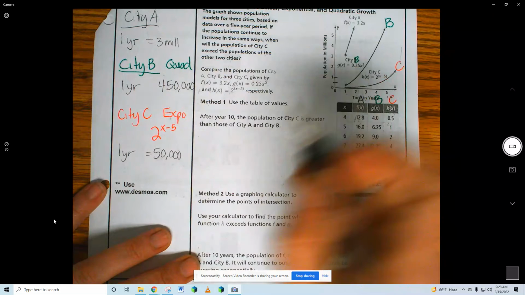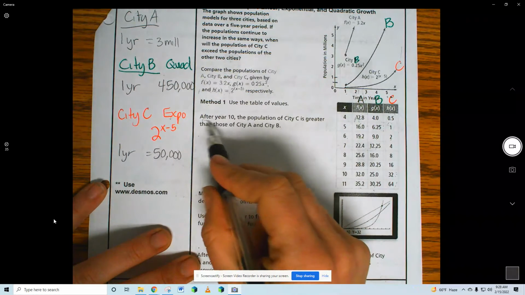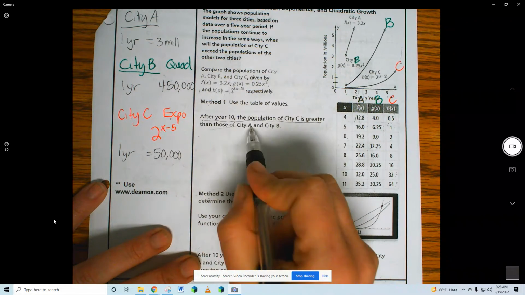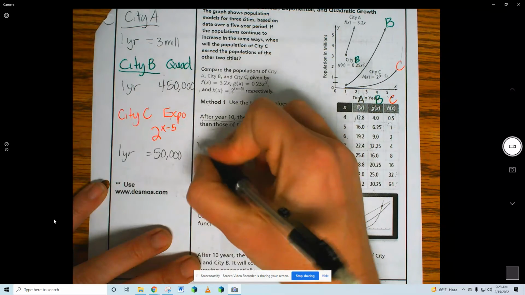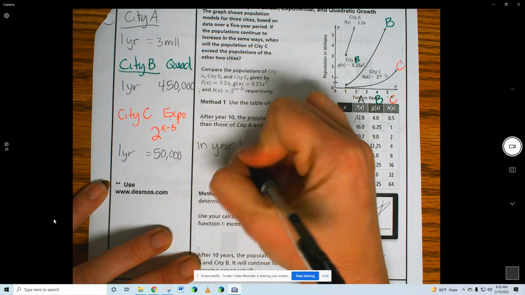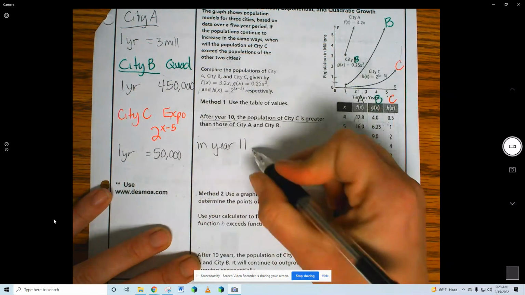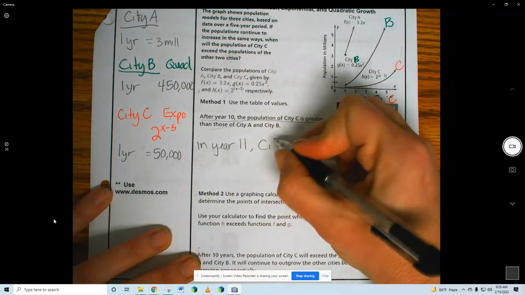After year 10, the population of city C is greater. In year 11, city C has 64 million people.